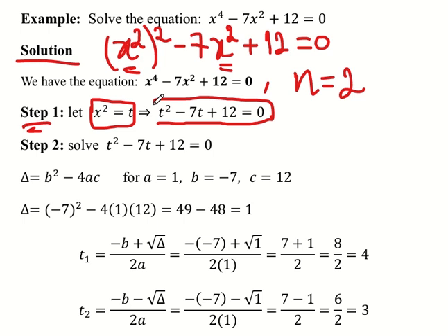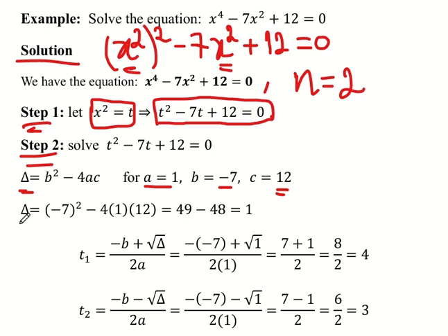Step number 2 is to solve this quadratic equation. Here we use delta. Delta equals b squared minus 4ac, for a equals 1, b equals minus 7, and c equals 12.